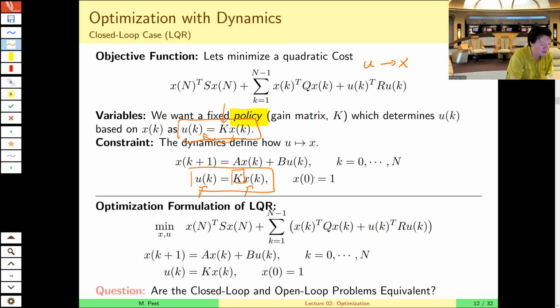But the nice thing is that when we do that, we can actually solve for the trajectory explicitly. We can say x of k, or x, I guess, small k.